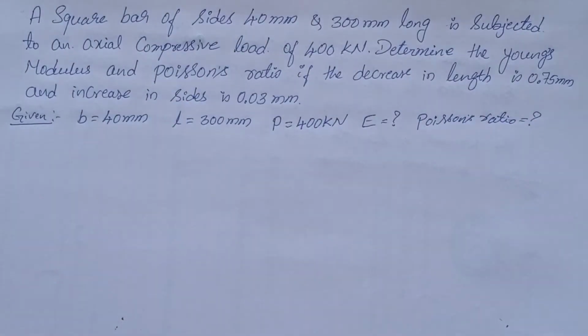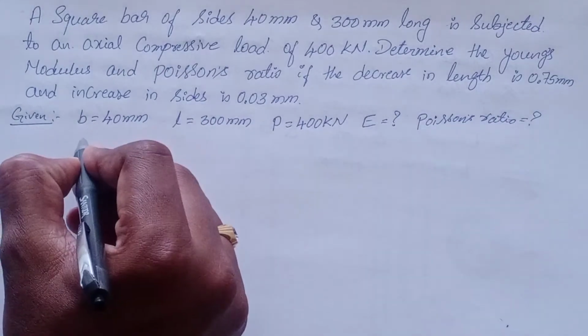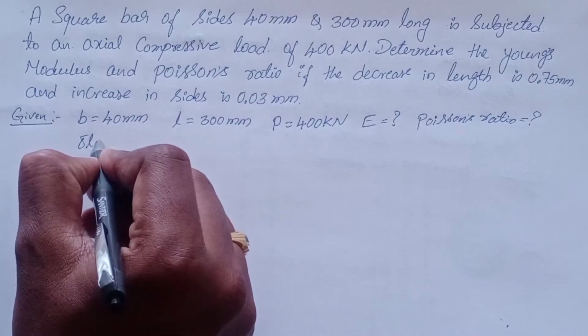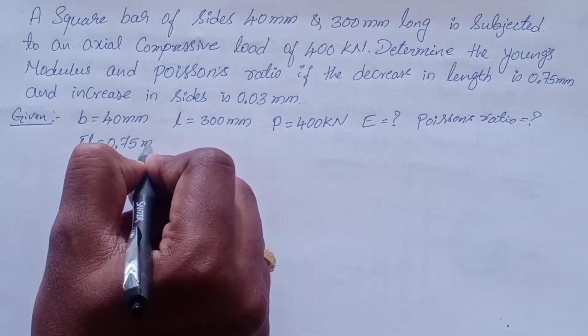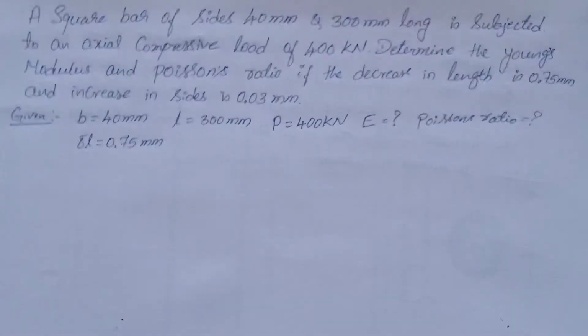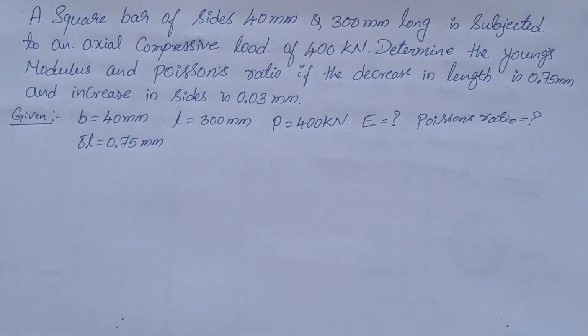Next, the decrease in length, meaning change in length, is considered as delta L. Delta L is equal to 0.75 mm. And also the decrease in sides.